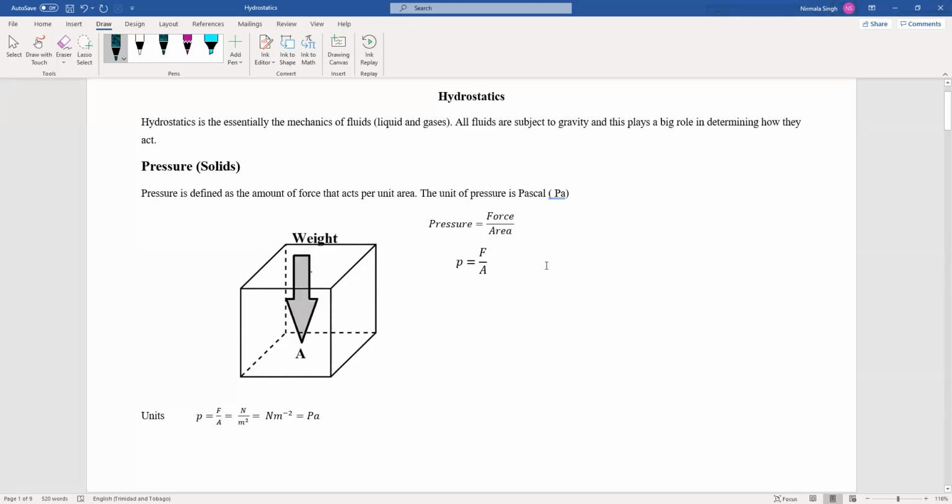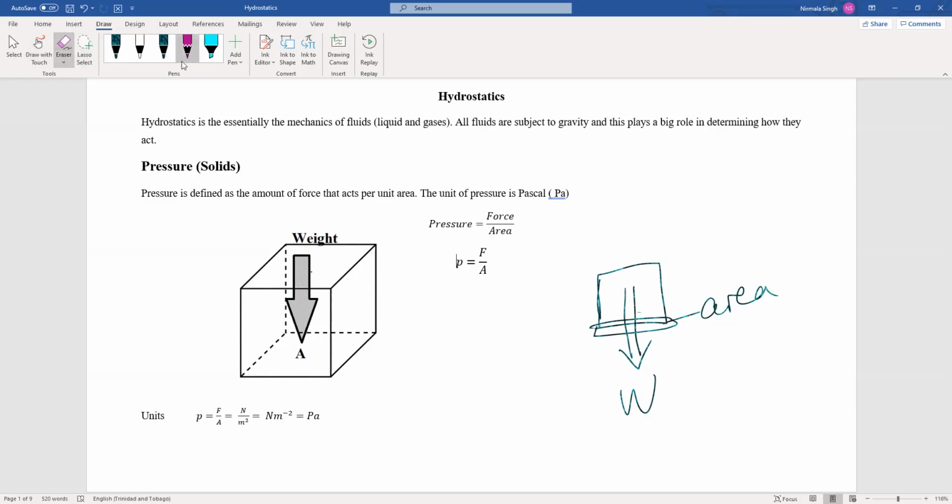If I have an area, all right, if I have some object, it will have a weight, and weight acts downwards. How do we work out the pressure? The pressure just tells us how much of this weight is acting on a given area. That's all it does. So if you look at the formula, pressure is equal to force over area.